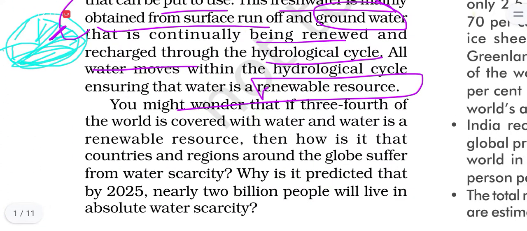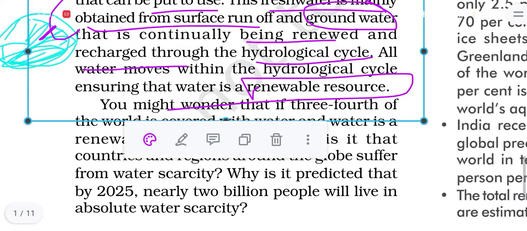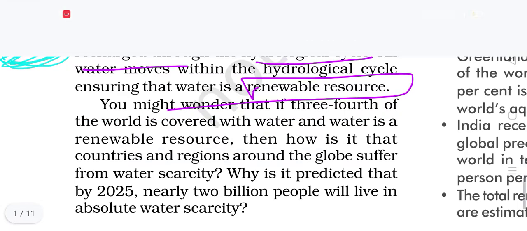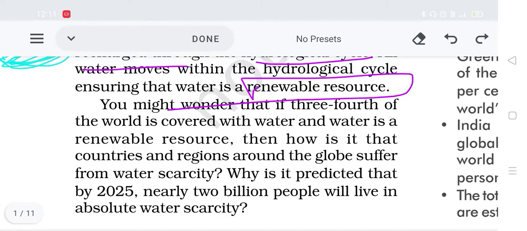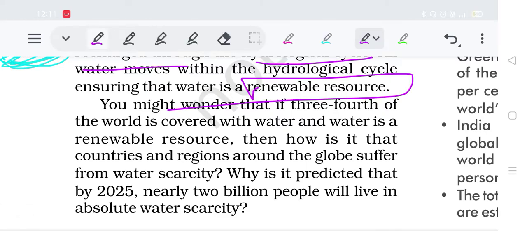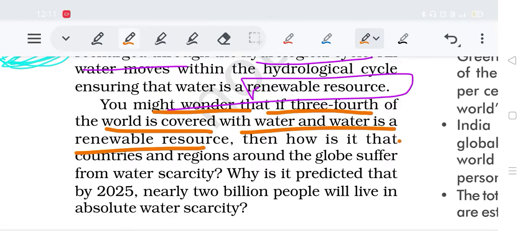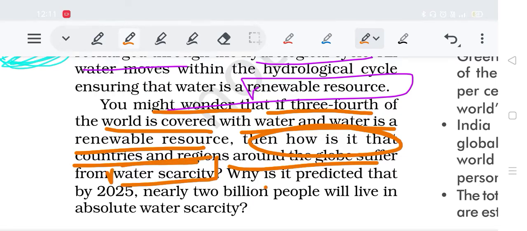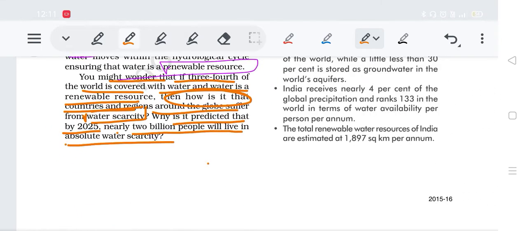You may wonder that three-fourths of the world is covered with water. Water is a renewable resource. Then why do countries and regions around the globe suffer from water scarcity? Why is it predicted that by 2025 nearly 2 billion people will live in absolute water scarcity?